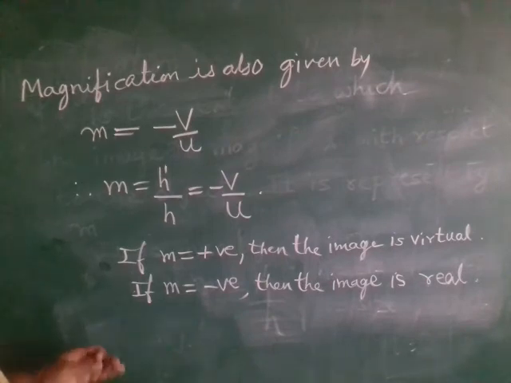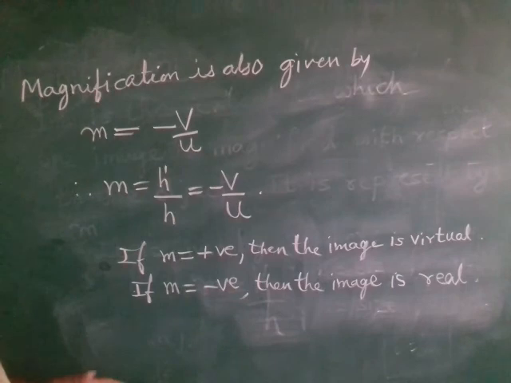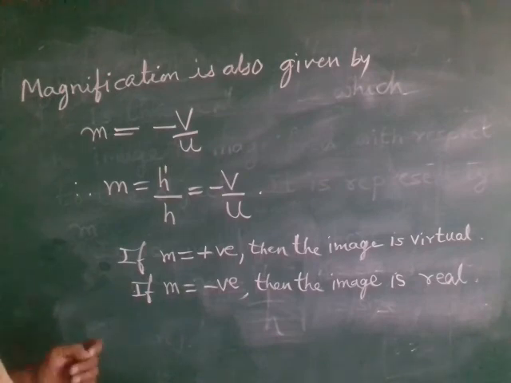Enlarged means larger than the object. And if m is smaller than 1, meaning 2 by 3, 1 by 3, or 0.5, 0.7, 0.8 and so on, then the image will be diminished, or smaller than the object. These things you should remember.